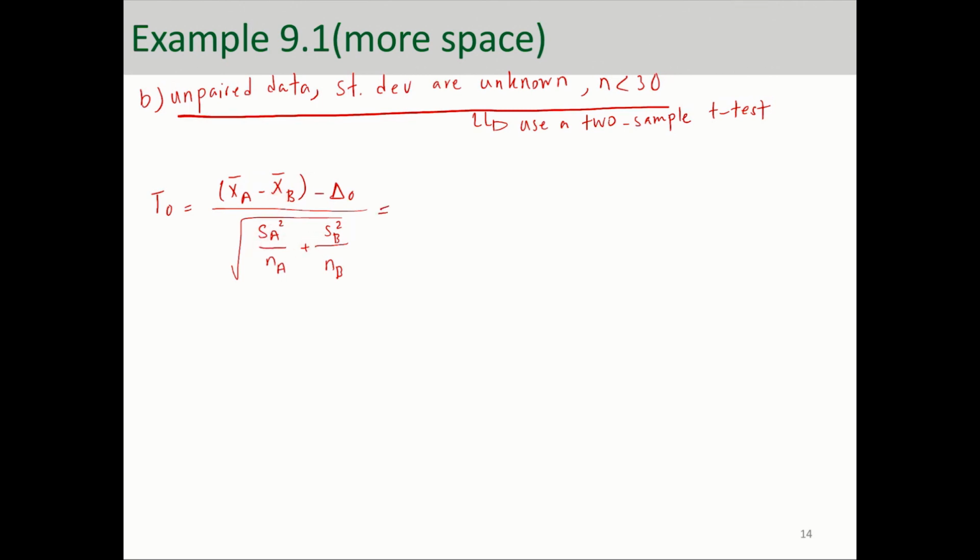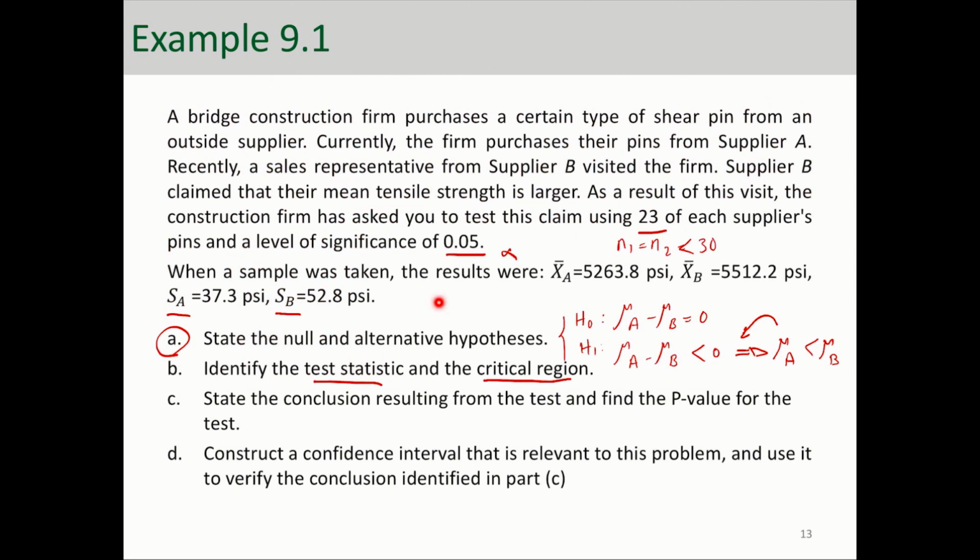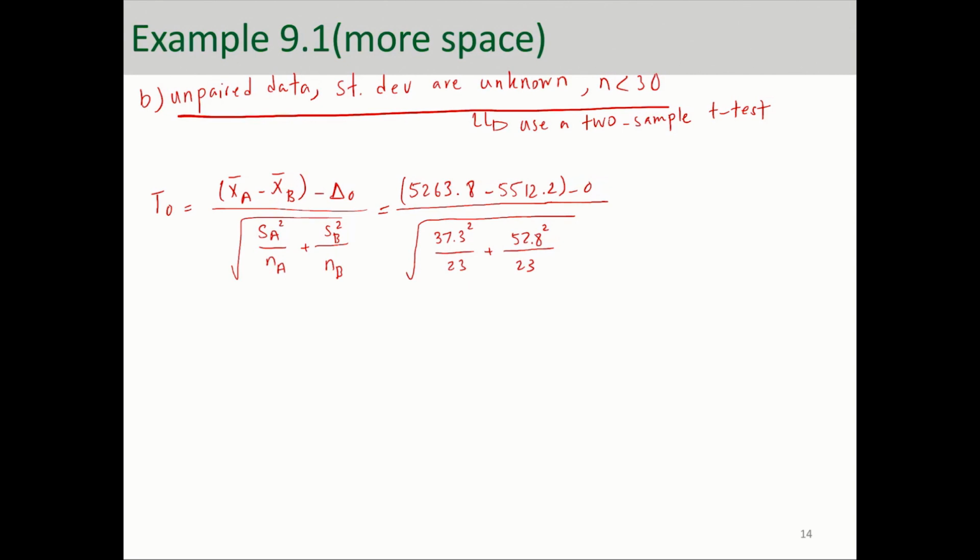We need to replace them with the values that are given here to us, and we know the sample size is 23. So when we replace the numbers in the t-score formula and do the math, we get negative 18.43.